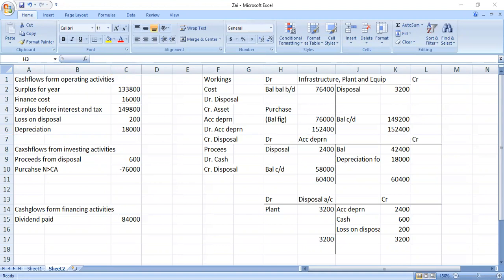Then what falls below is what you look at. That is specifically finance costs and taxes if they were adjusted for. So therefore, it was only interest that was adjusted for. Hence, finance costs 16,000.